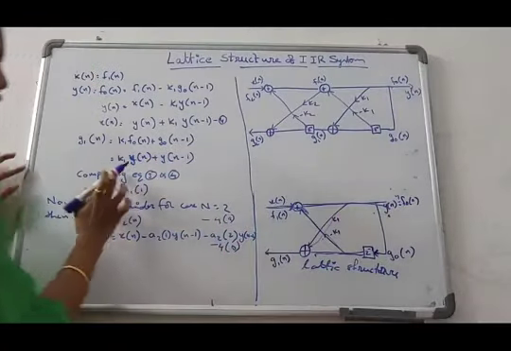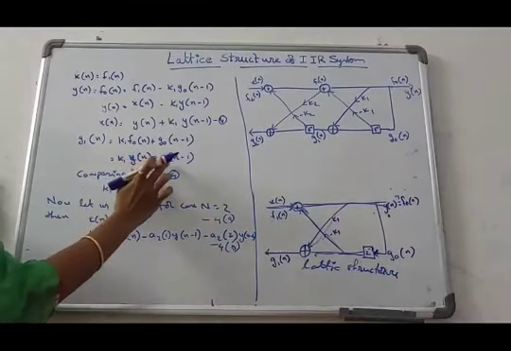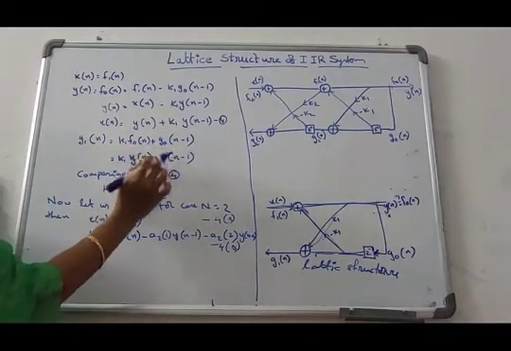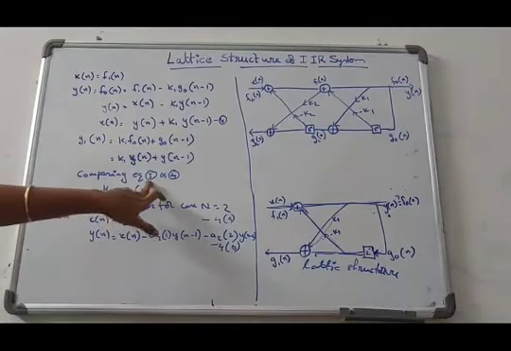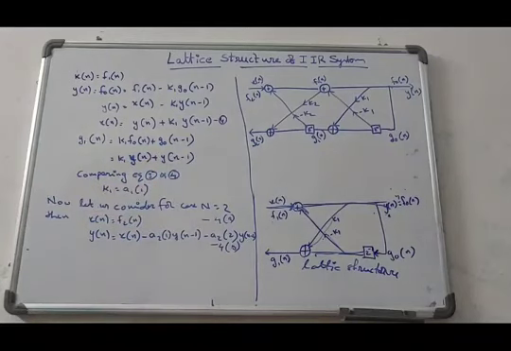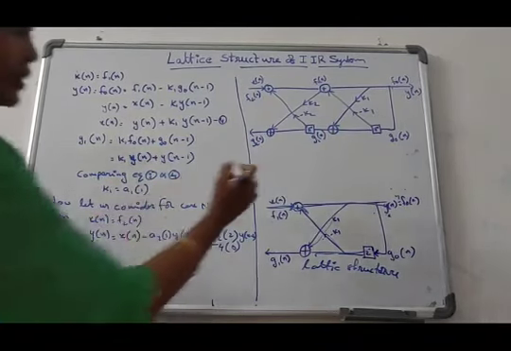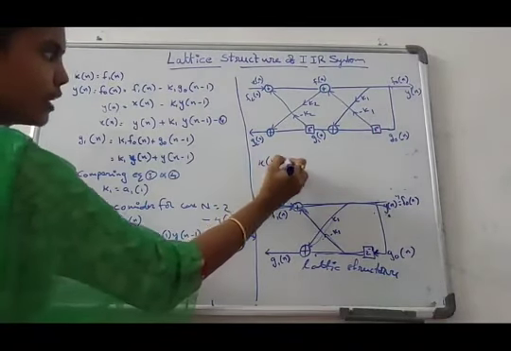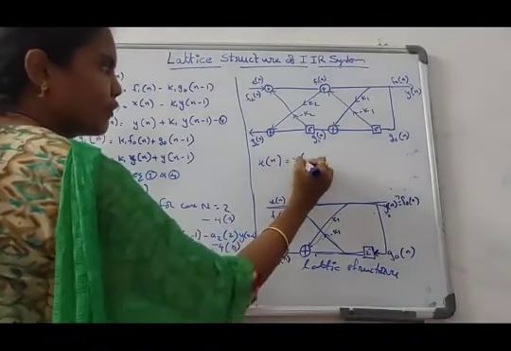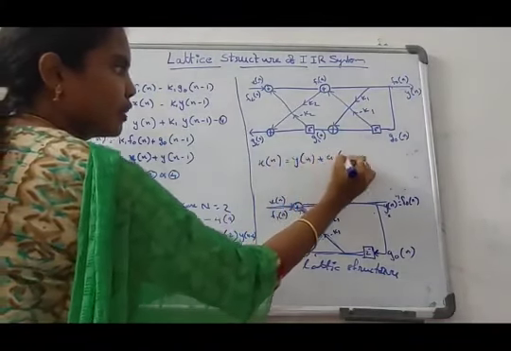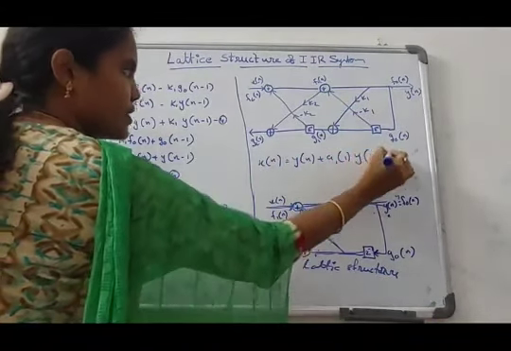Y of n. Now k1 y of n plus, for g naught you can write it as y of n minus 1. Okay, so compare equation 3 and equation 4. Equation 3 is x of n is equal to y of n plus a1 of n into y of n minus 1.